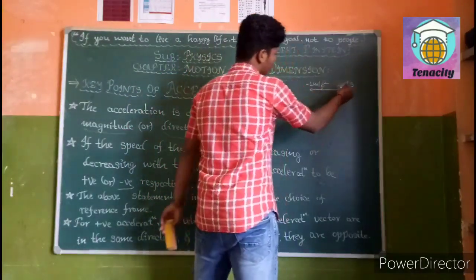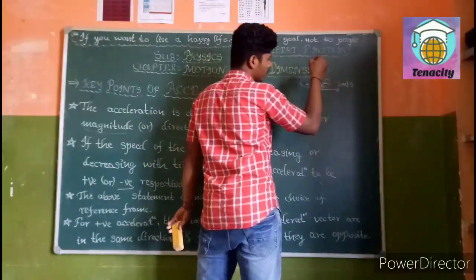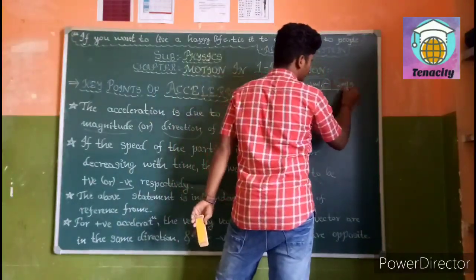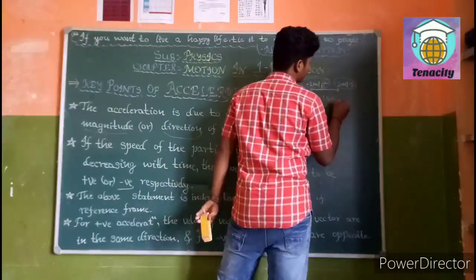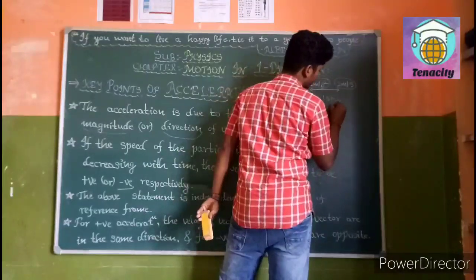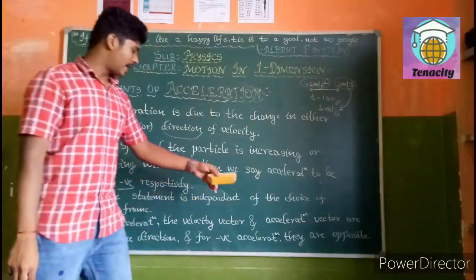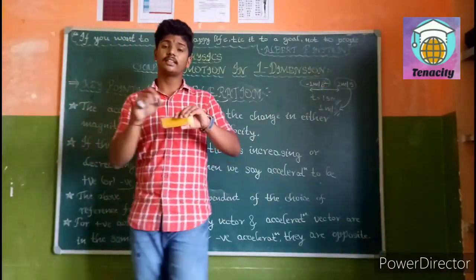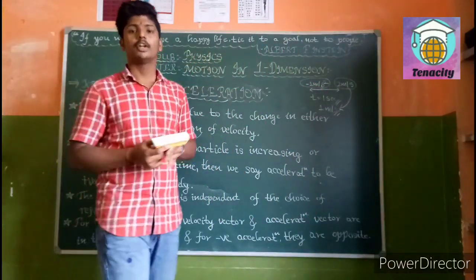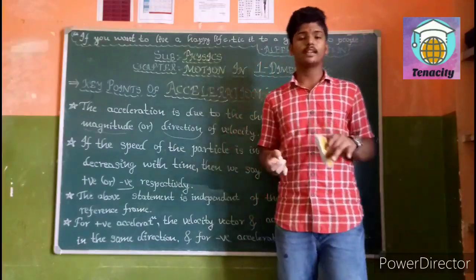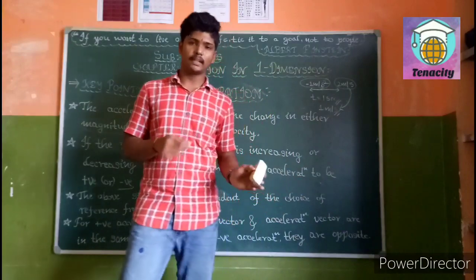See, if the acceleration is minus 1 meter per second square and the velocity is 2 meter per second, after t equal to 1 second, the velocity decreases to 1 meter per second from 2 meter per second. So when the acceleration and velocity vector are in the same direction, the acceleration will be positive. When they are in the opposite direction, the acceleration will be negative. That is mentioned here. So these are the key points related to acceleration.